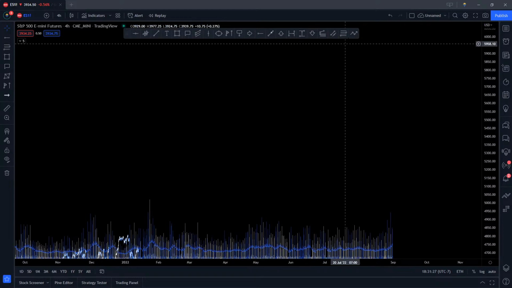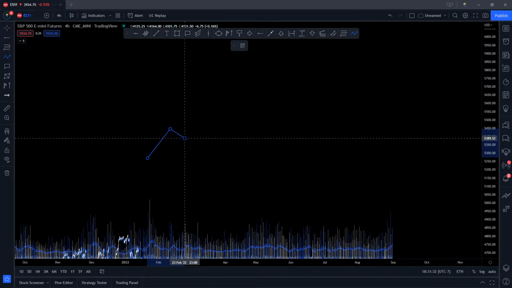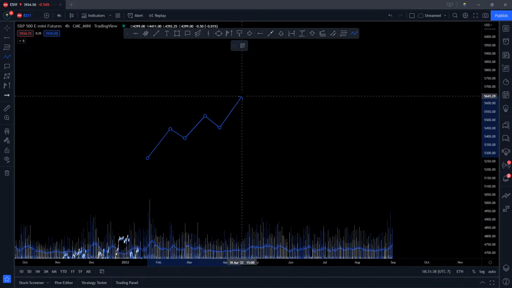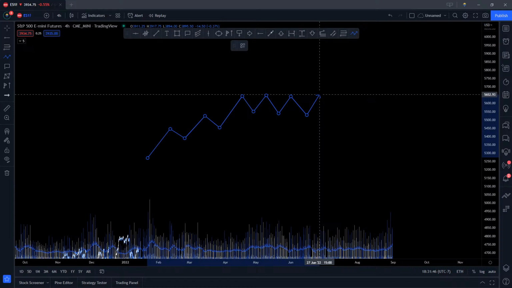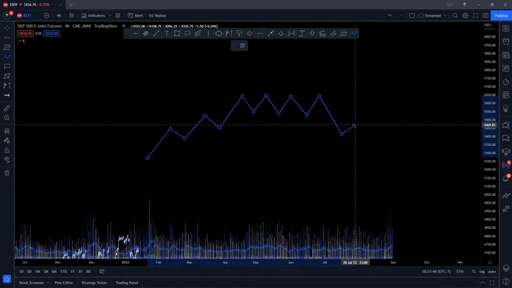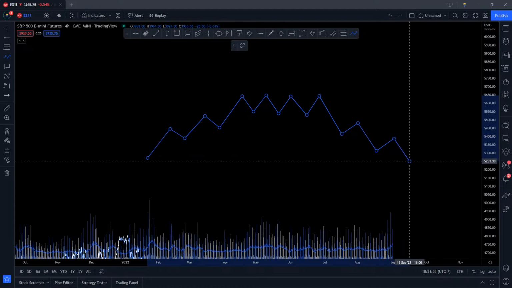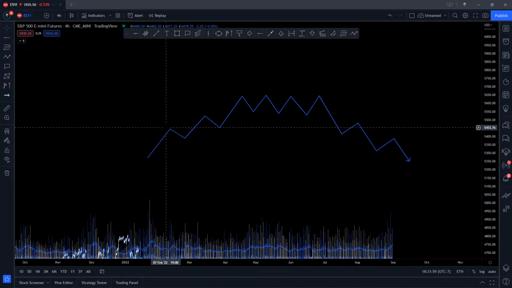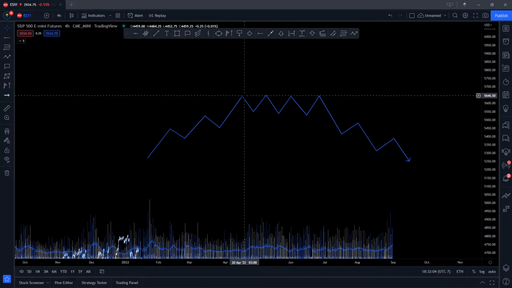First, I just want to start really, really basic because this is important. Everybody has to understand market structure. This should not be anything that anybody doesn't understand, but just in case, here we're making higher high, higher low, higher high, higher low, higher high, higher low.